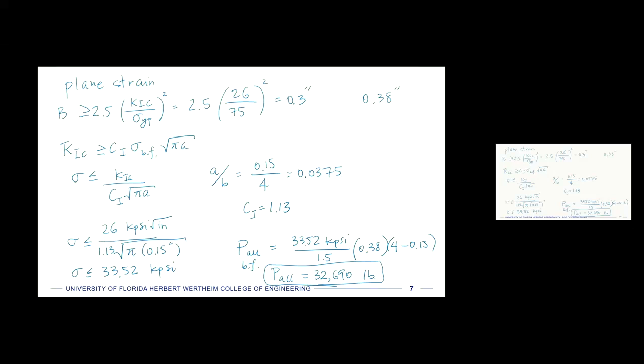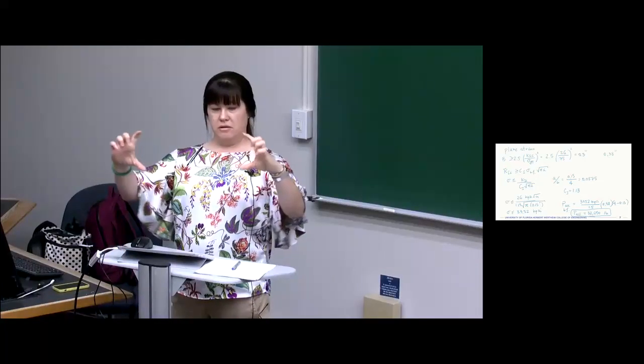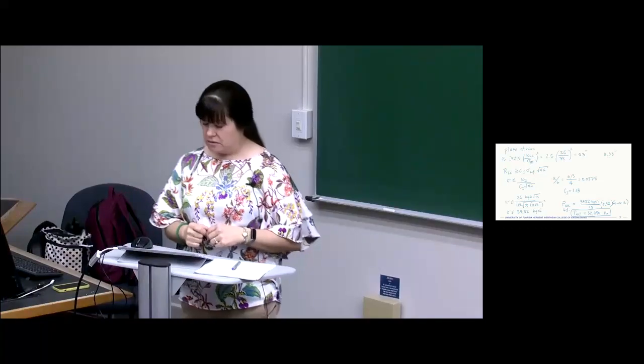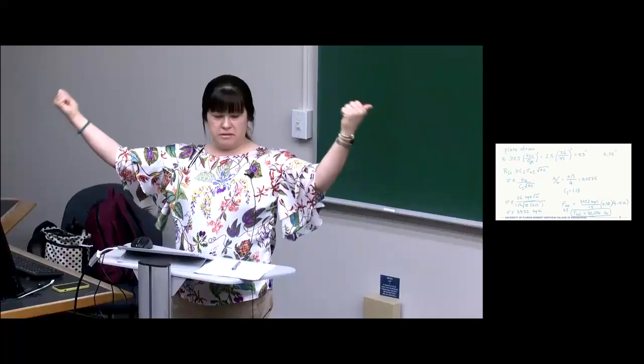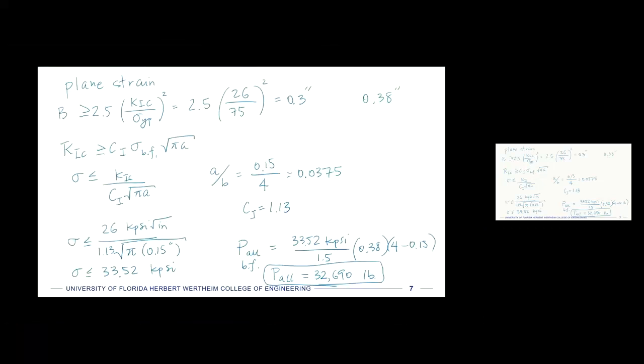For this particular problem, this is a plate that you could hold in your hand, about 20 inches long, 4 inches tall, with a really tiny edge crack. If we pull on this thing with 32,690 pounds, the crack will propagate and the plate will fail due to brittle fracture, due to that pre-existing flaw.